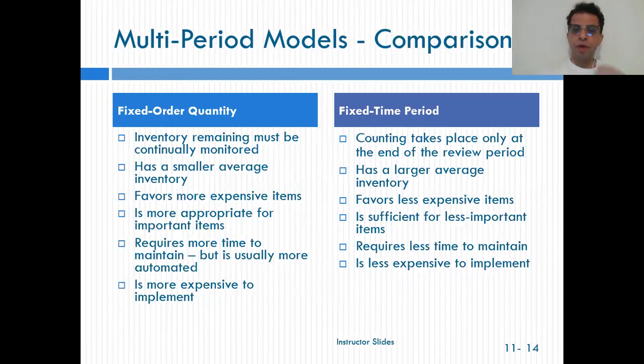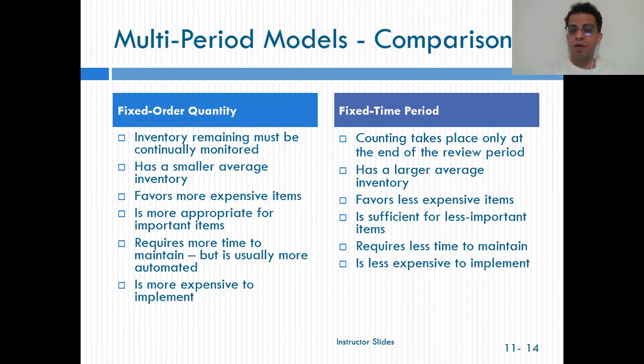In the comparison between both, in the fixed order quantity, the inventory remaining must be continually, always monitored. In the fixed time period, the counting takes place only at the end of the review period. The fixed order quantity has smaller average inventories and favors more expensive items.